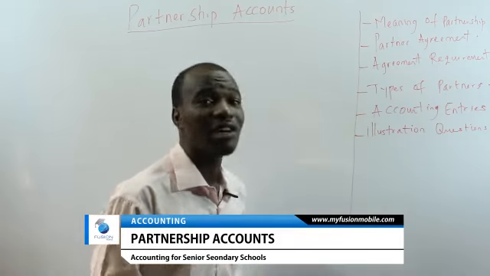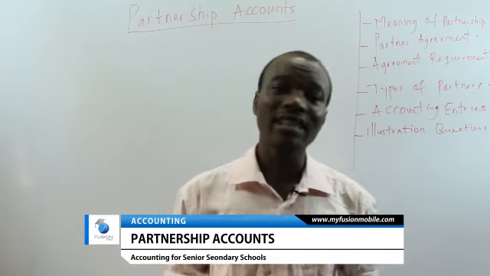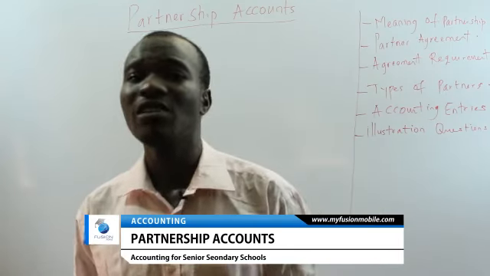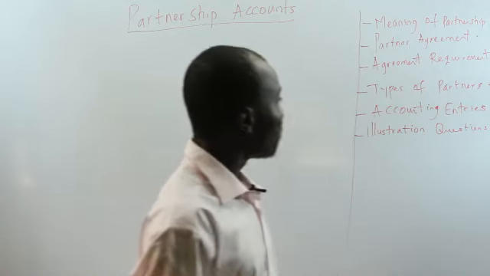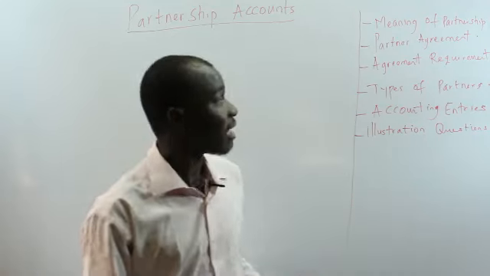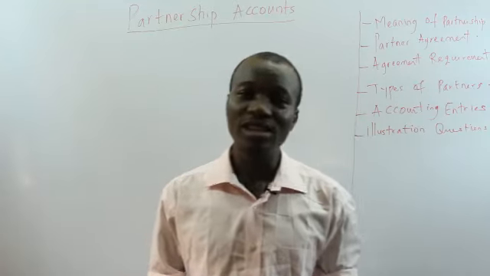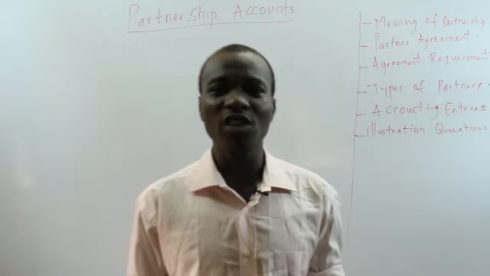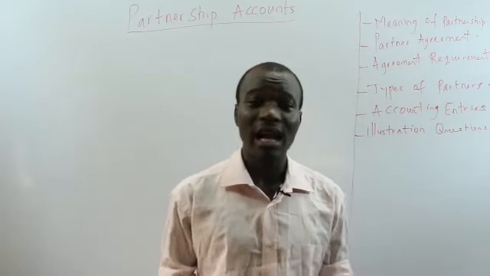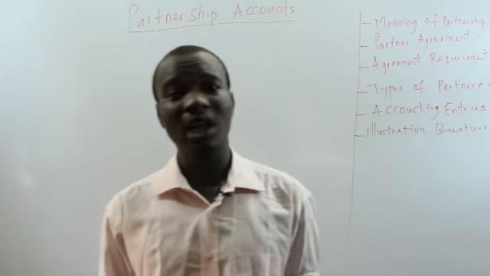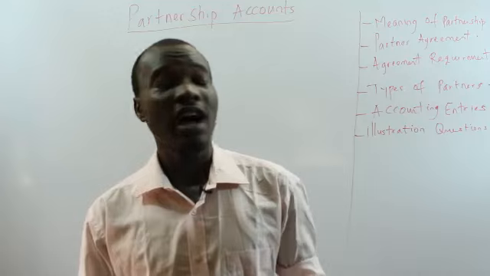So the deed is to regulate the acts and also ensure that the partners conform with the laws and regulations of the partnership business. That is what we mean by agreement. It is essential for members of a partnership, that is the partners, to have certain agreements among them to ensure that the partnership form of business is effective and efficient.